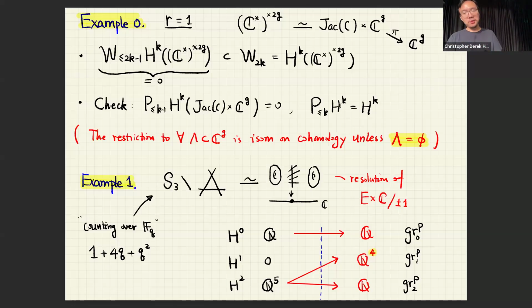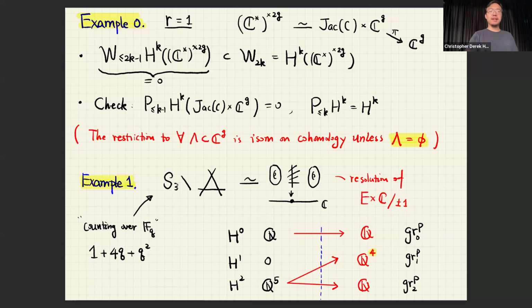But now let's move to a non-trivial example, which we also discussed briefly yesterday, where something non-trivial already happens. The left-hand side is the character variety I explained yesterday, which is an affine cubic surface.